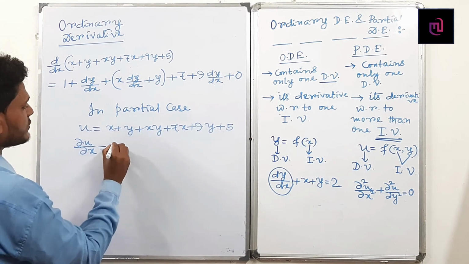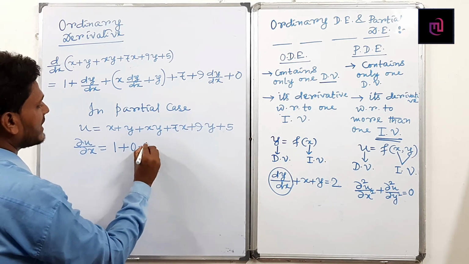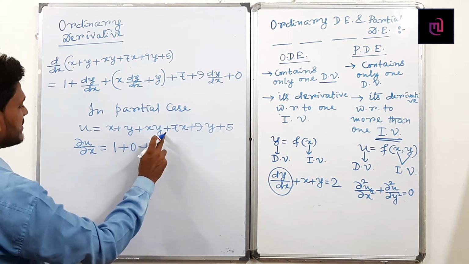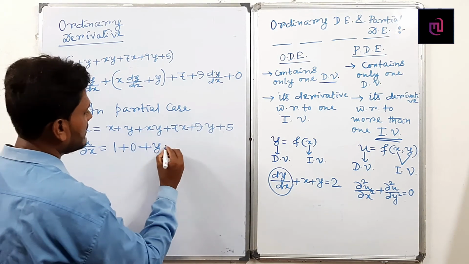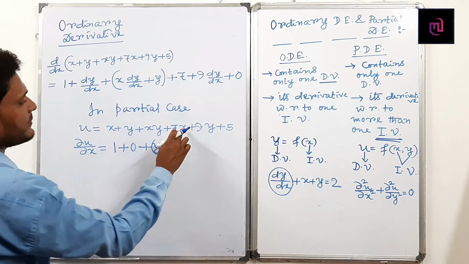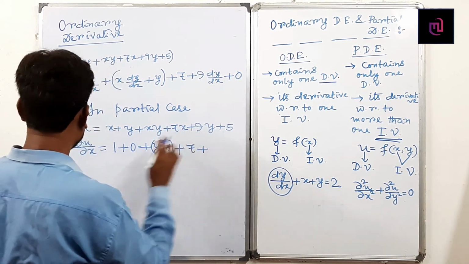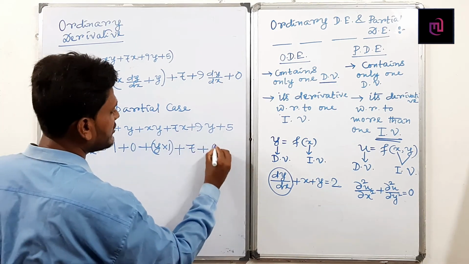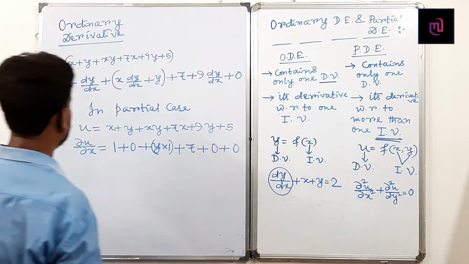So del x of x becomes 1. Del x of y becomes 0, plus, here y is constant, so y into del x of x becomes y into 1, plus 7 into 1 becomes 7, plus 9 into del x of y becomes 0, plus del x of the constant term becomes 0.